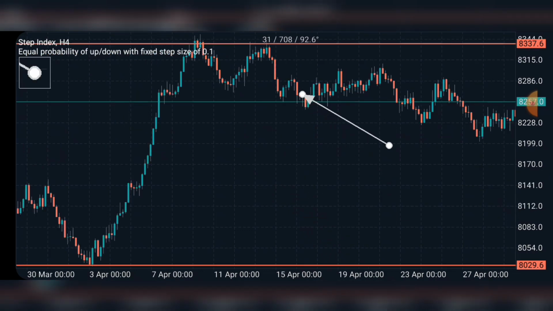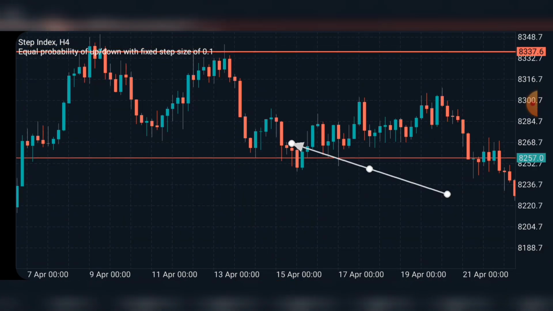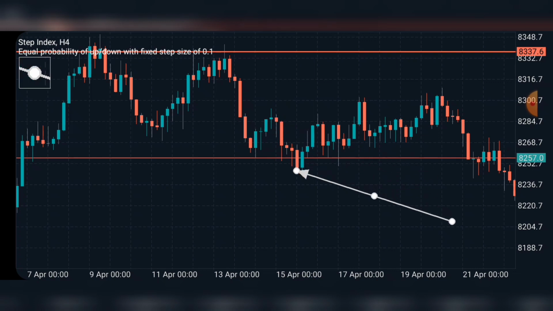So what happened? Price broke structure right here. Then it retested, and it broke structure again. So this would be the new range where we'd be waiting to see what's going on.